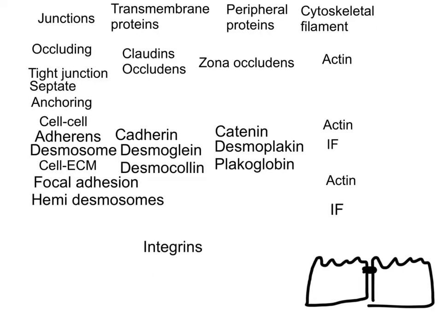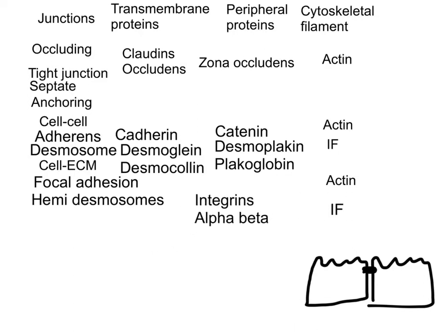And so they're always an alpha-beta integrin, an alpha and a beta. What's nice about that is there's a billion different alphas and betas, so you can get a lot of different kinds of hemidesmosomes and focal adhesions because you can mix and match alphas and betas to make an integrin.